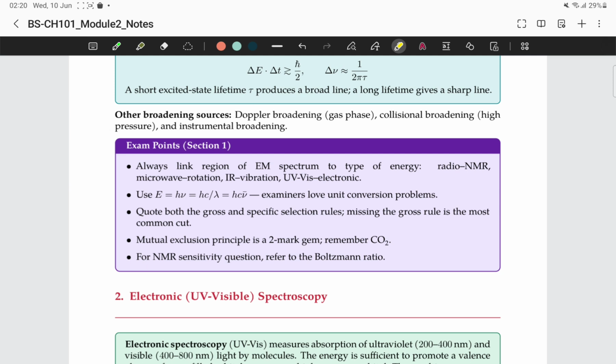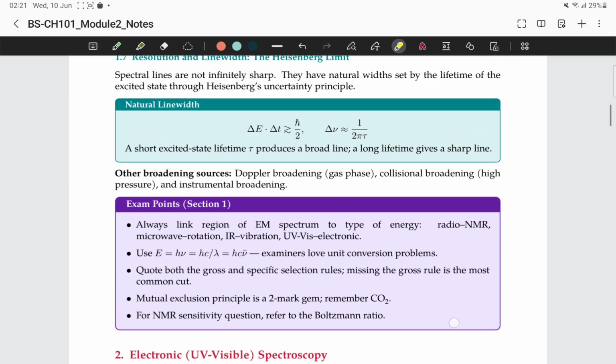From an exam point of view, if the excited state has a very short lifetime, tau, its spectral line will be broad. If it has a long lifetime, the line will be sharp. Other real world factors like molecular collisions and gas phase Doppler shifts broaden the line further. This is the simple way to figure it out.